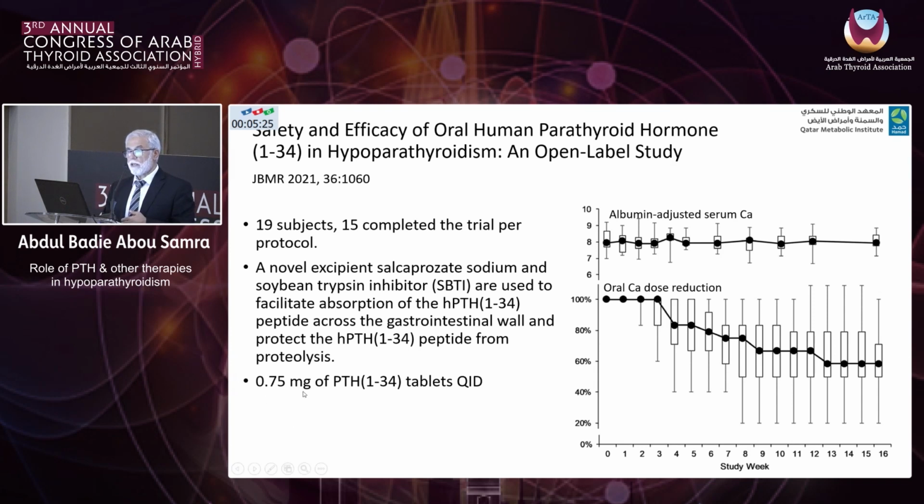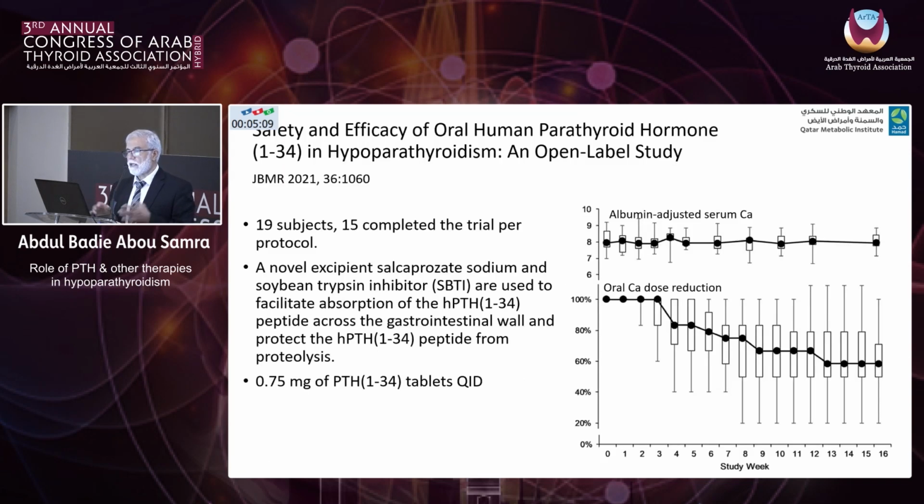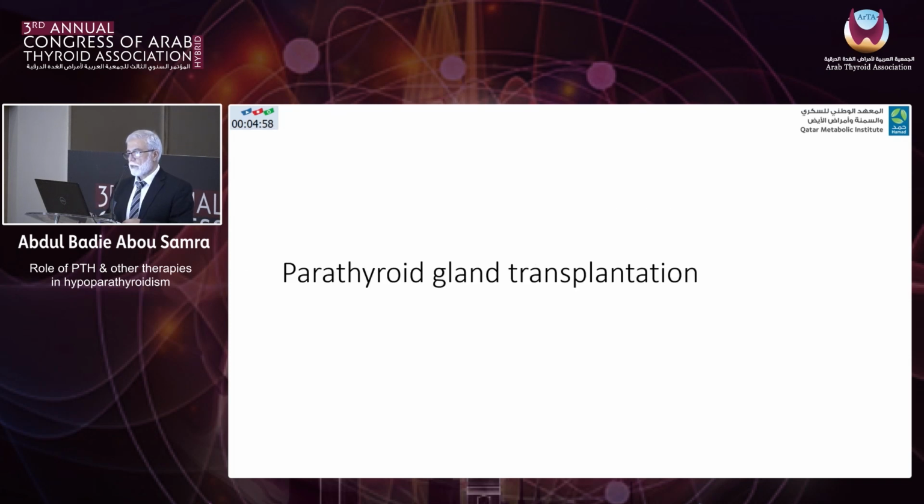Now we're talking about milligrams, not micrograms anymore, given 4 times a day in this clinical trial. This is phase 2. And what you see is normalized calcium as well and reduced oral calcium. However, I didn't put the data, but there are some complications coming with it, which is still early, this phase 2, so we don't know how far this will go.